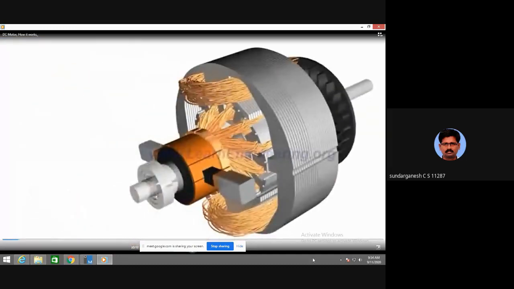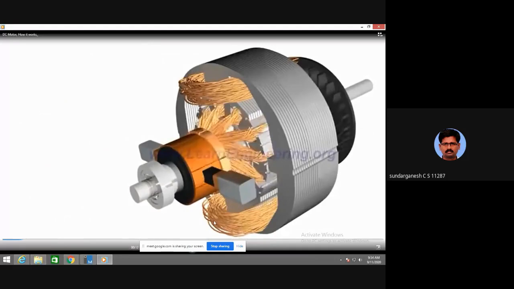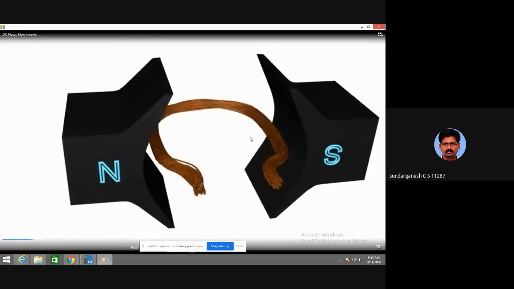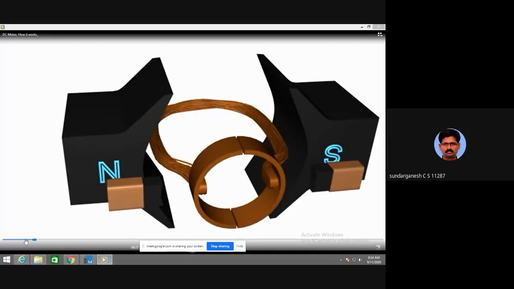This is the construction of a DC motor. If you look at this, these are the brushes, this is the commutator, this is the armature coil. Wait a minute, I will stop and explain.